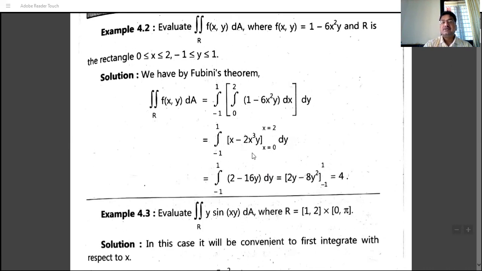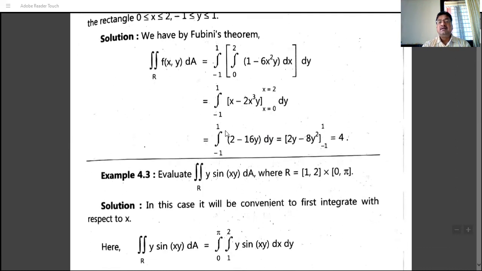Substituting x equal to 2, we have 2 minus 2 times 8, that is 16y. Substituting x equal to 0 gives 0. So the result is (2 minus 16y) minus 0, into dy.